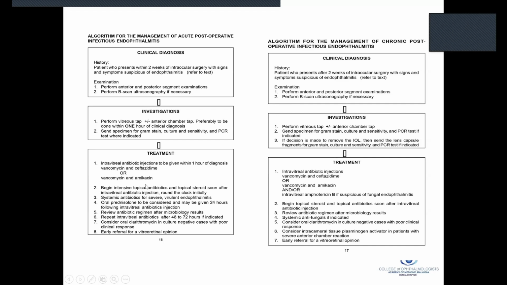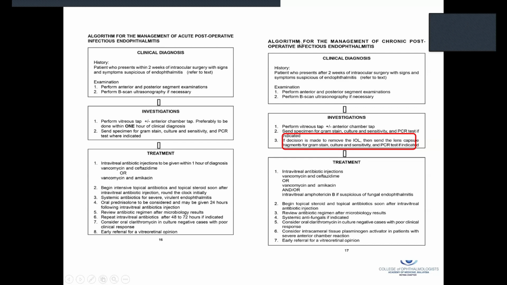And then we begin the topical antibiotics in a very intensive fashion. I usually wait a while for the gram stain before I give any steroid. And you can see here, there's a comparison to the chronic case, where the patient would have a later presentation, similar in terms of the assessments, the tap and the sending of specimens.